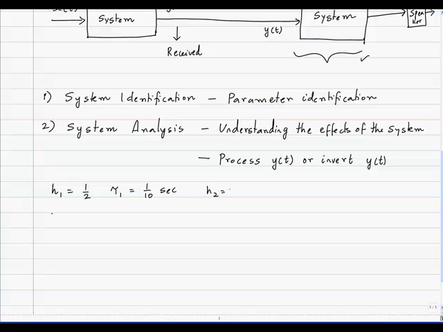Say h2 is 1/4 and tau2 is 2/10 or 1/5 seconds. Okay, suppose my input x of t is the signal, let's say it's between 0 and 1 and it has the value 1. Think about what will be the output y of t.